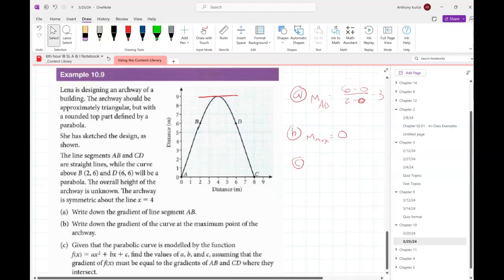Given the parabolic curve is modeled by the function f of x equals ax squared plus bx plus c, find the values of a, b, and c, assuming that the gradient of f of x must equal the gradients of AB and CD where they intersect. Okay. What am I going to do with this?